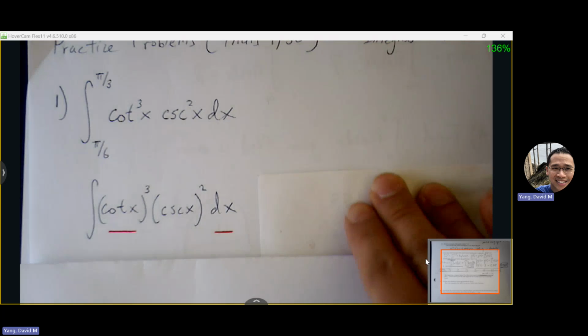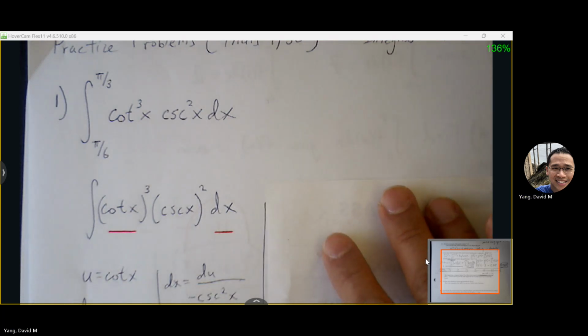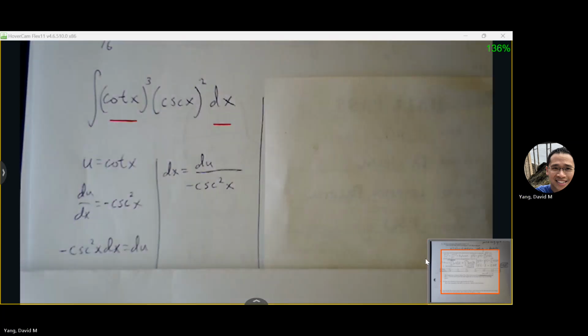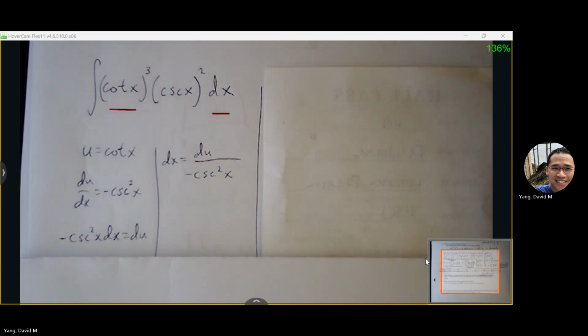Okay, so our u value is going to be cotangent of x. Derivative is negative cosecant squared x. Cross multiply. Solve for dx. And then your initial goal is to just find a replacement for those underlined portions. Everything else you're going to rewrite back into your problem.